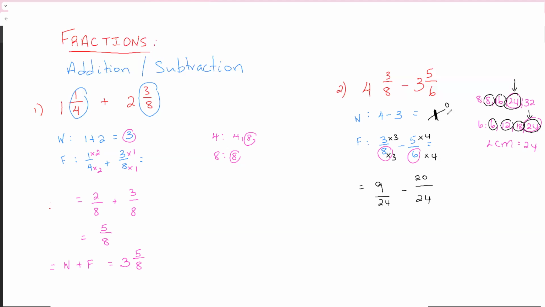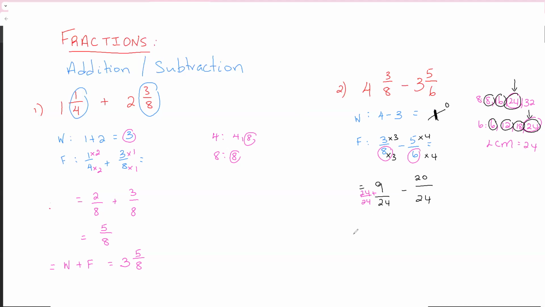But remember, 1 whole is represented as whatever is the denominator. The numerator must be the same. So that 1 whole is actually broken up into 24 equal parts. So what we do is we take it and we add it to the front fraction.